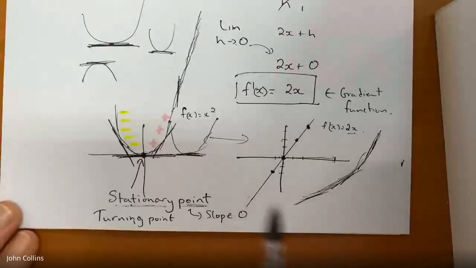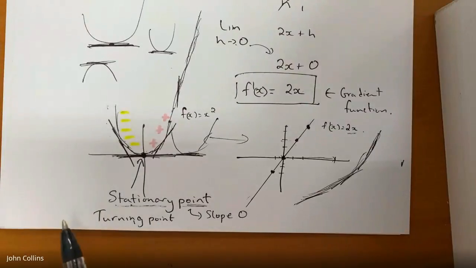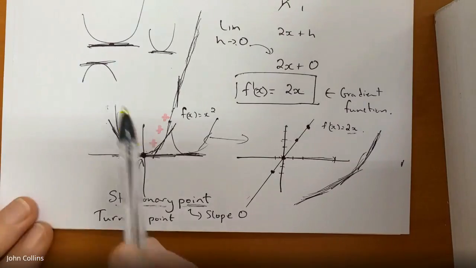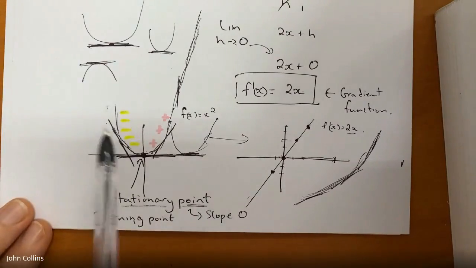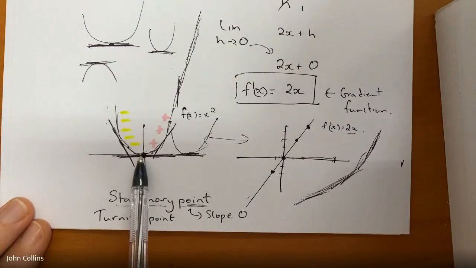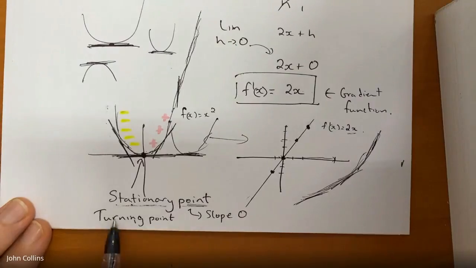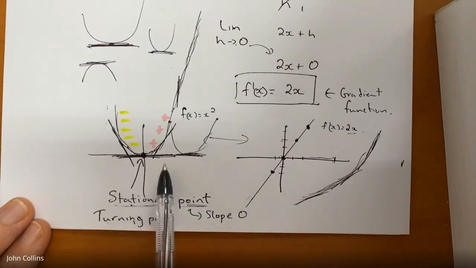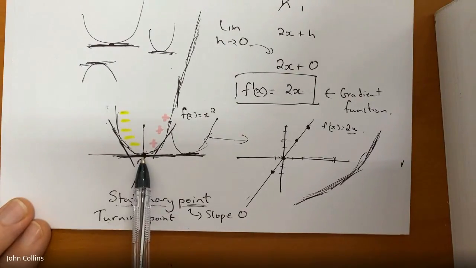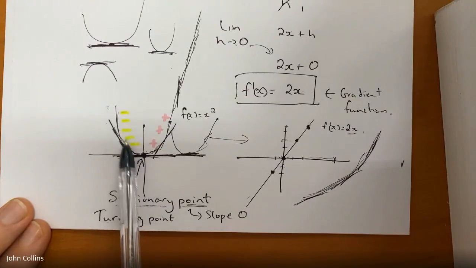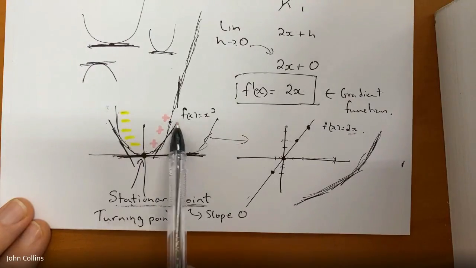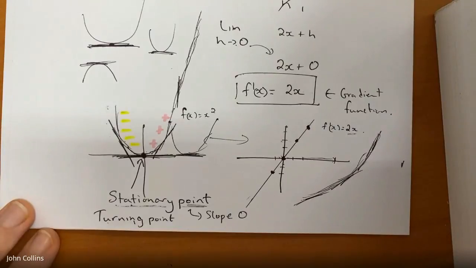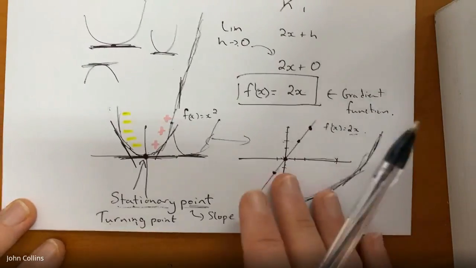The curve here? Yep. Okay, so the gradient of the tangent at that point is 0. Then a turning point is when that stationary point makes a switch from negative slopes to positive slopes of the tangents, like that.